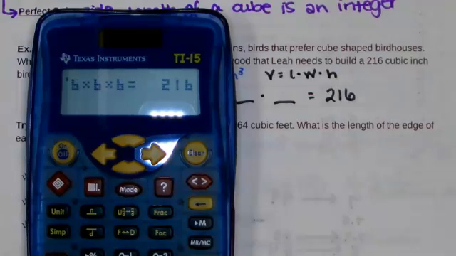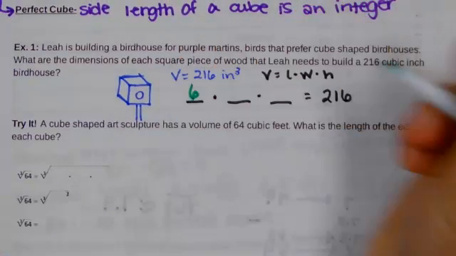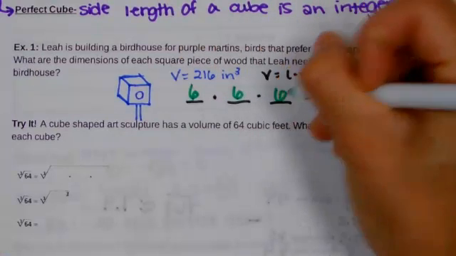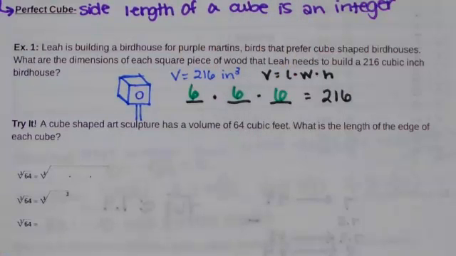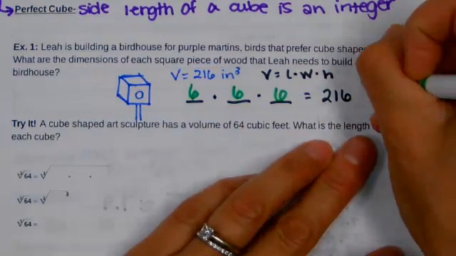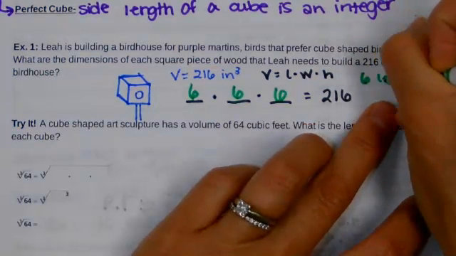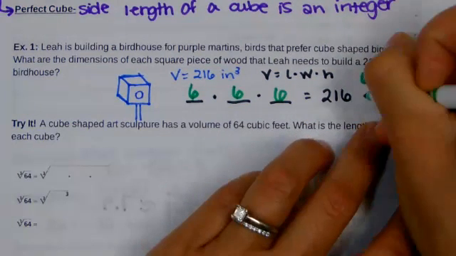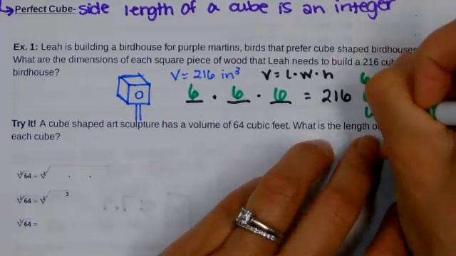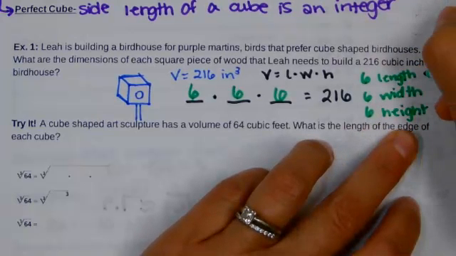So what we were looking for is 6 is going to be our length, 6 is our width, and 6 is our height as well. So the answer to the question, what are the dimensions? The dimensions are 6 in length, 6 in width, and 6 in height, and those are all in inches.